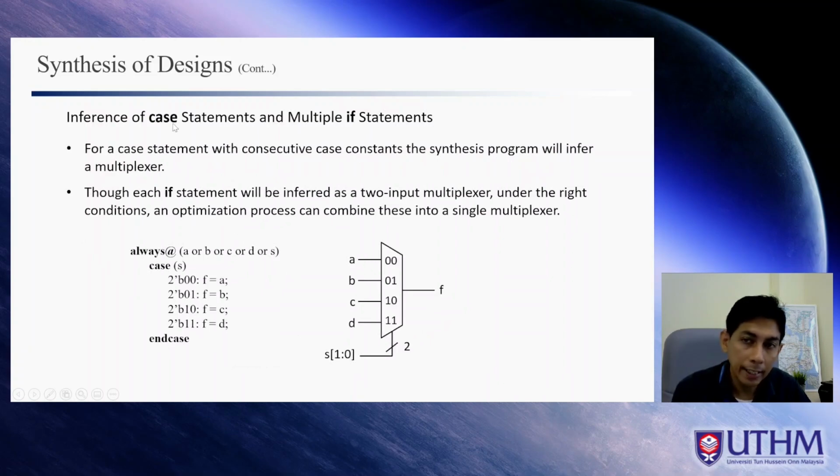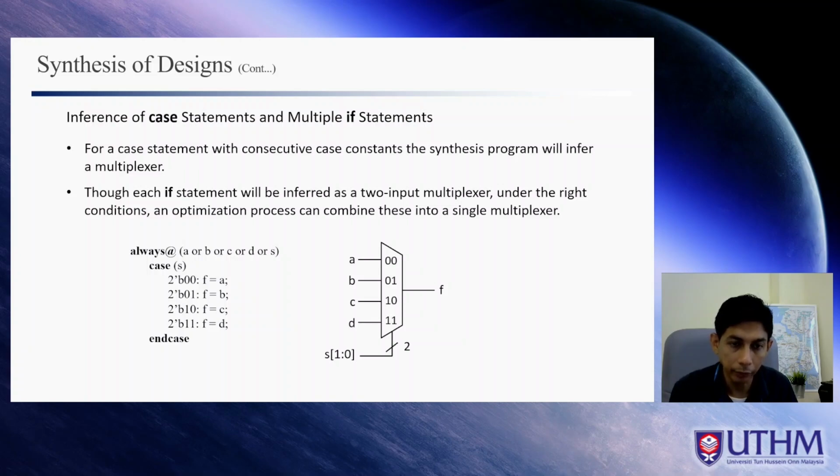When you use a case statement, so this is your first case statement. The case statement is the same as the case statement in C++. It is actually similar to an if statement. Yeah, a case statement is actually an if statement for when you have many input combinations, right?